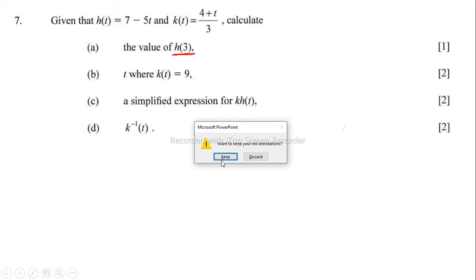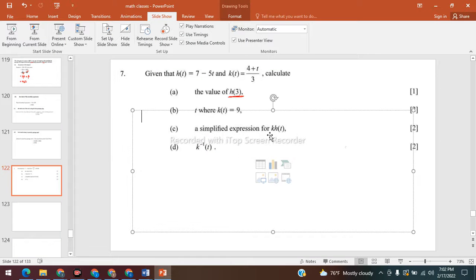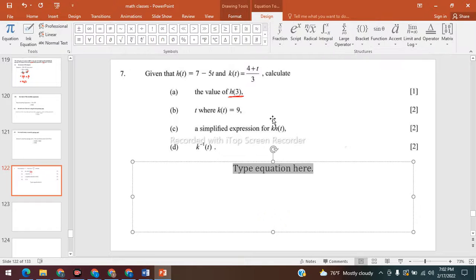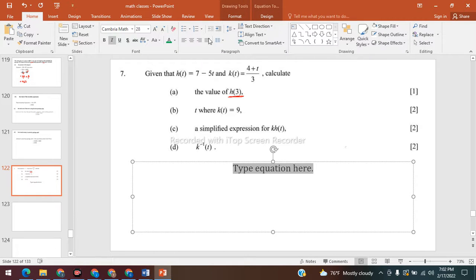Let me write it properly. So h of t, first of all, equals 7 minus 5t.